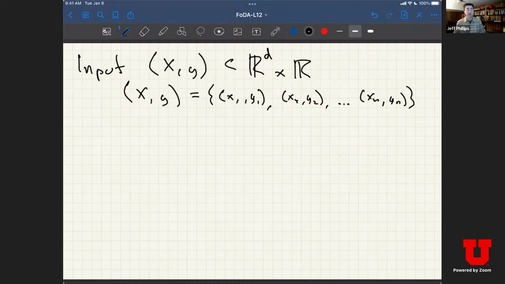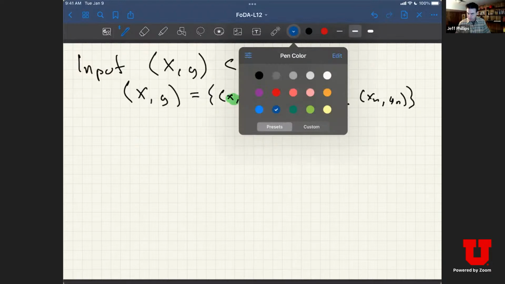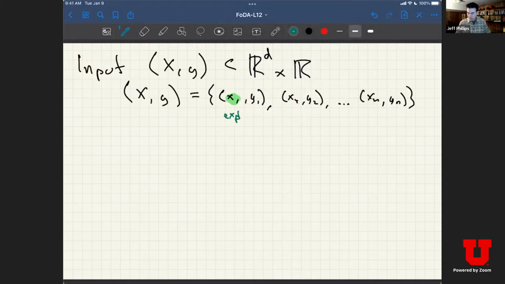So we have n pairs of these inputs. Each one has the explanatory variable, remember, and then it also has the dependent variable.